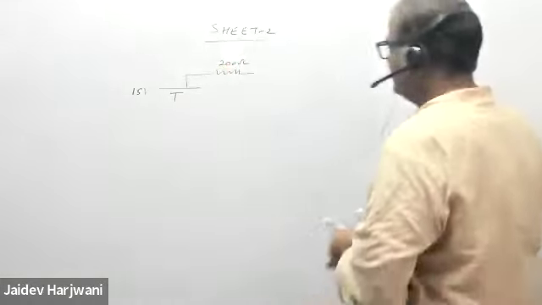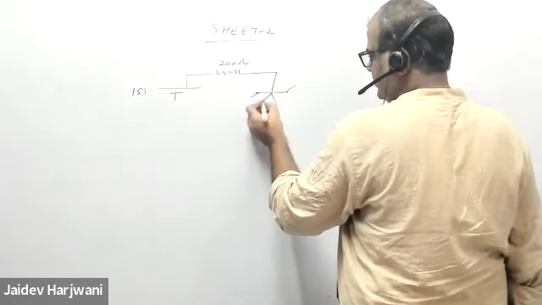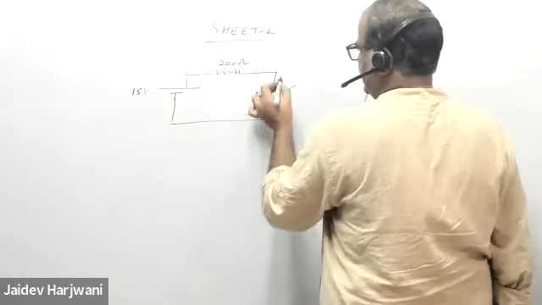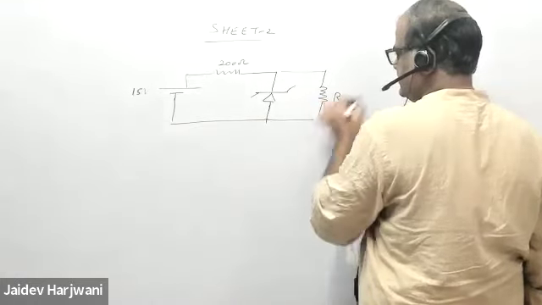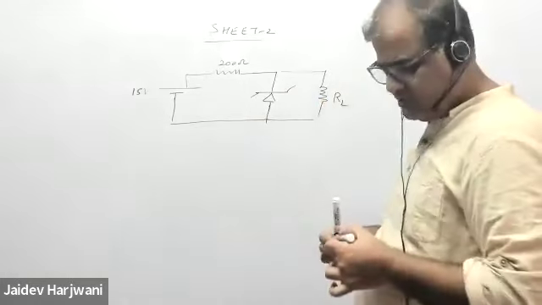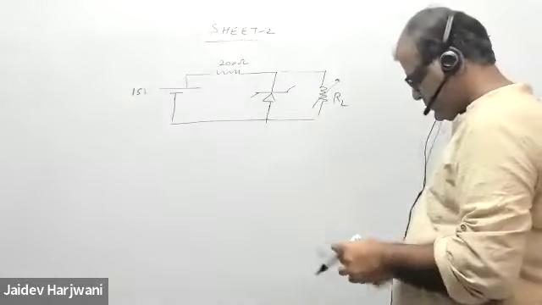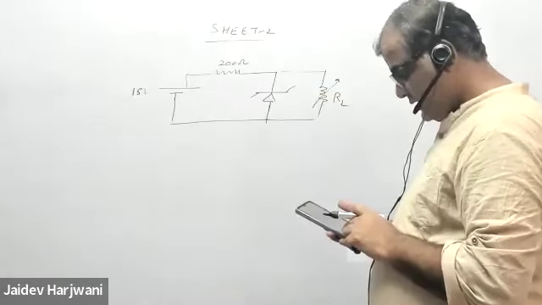Then you have been given a Zener diode. And here some load is there, RL. You can make it open also. Some load is there, which is variable. Is that clear? Is it the same thing that I'm saying?